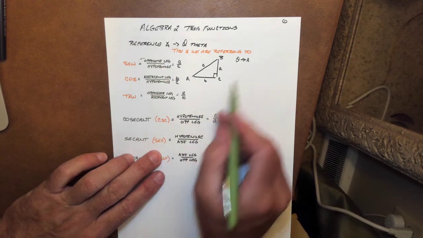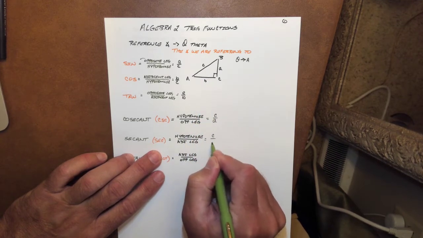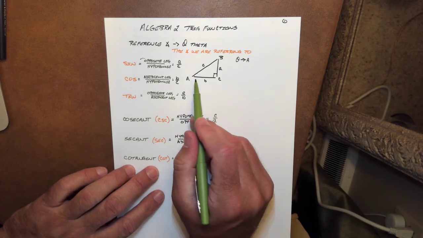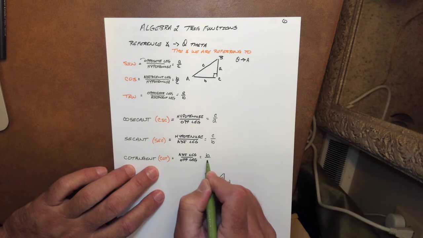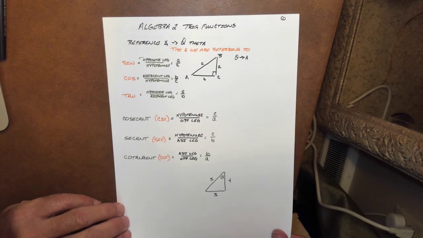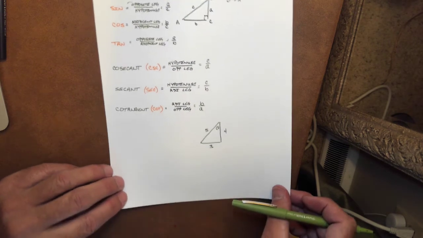The secant of angle A, hypotenuse over adjacent leg. And the cotangent of angle A would be the adjacent leg over the opposite leg. So there's our 6 definitions now. You have 6 that you have to make sure you're paying attention to now.